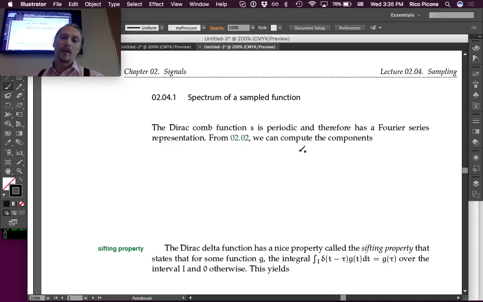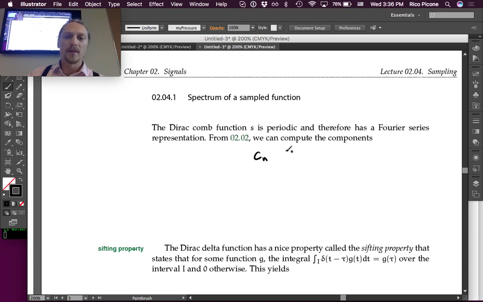Okay? From 2.2, we can compute the components. This is the Fourier series section. Definition 2.2. It was Fourier series, and it was the complex form of the Fourier series.